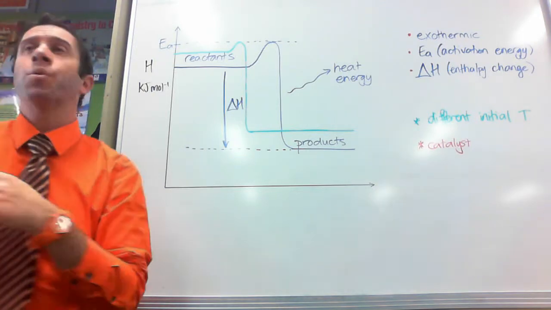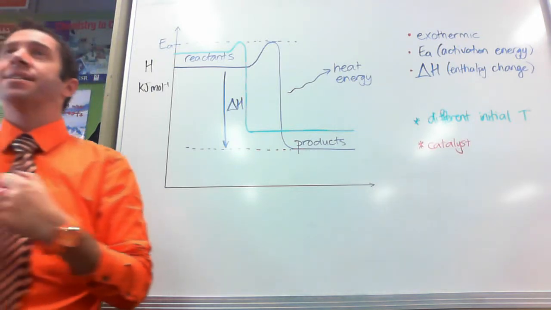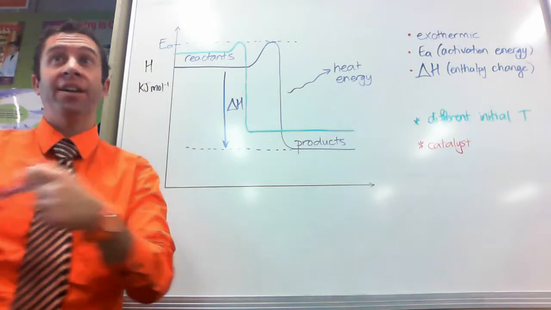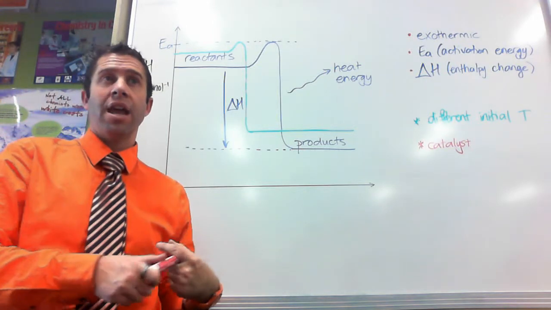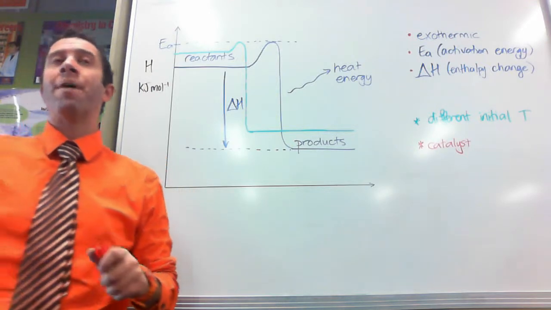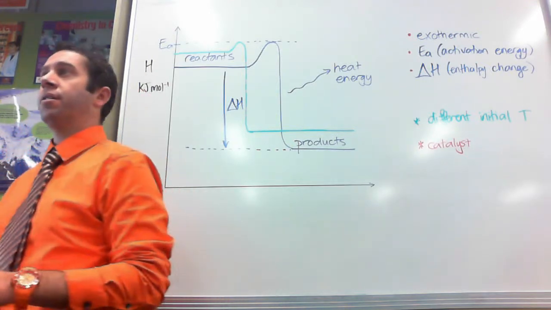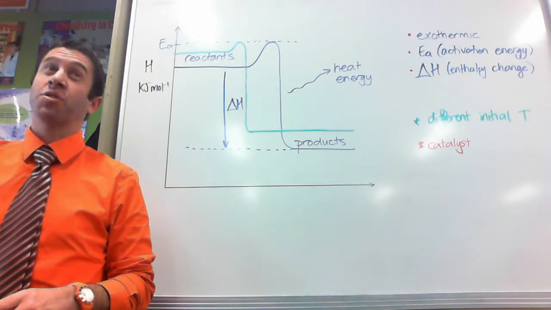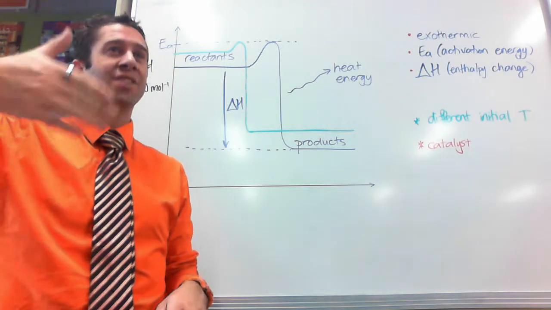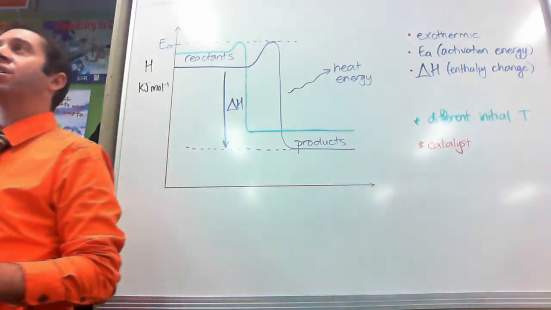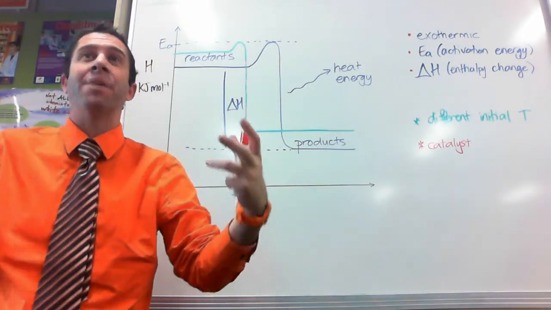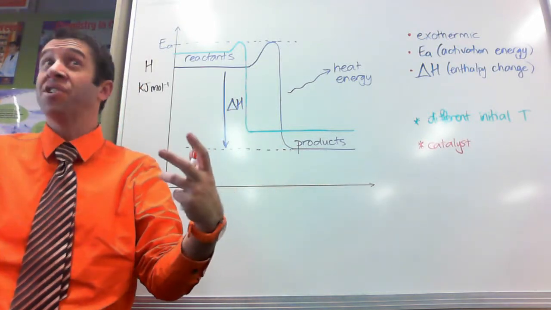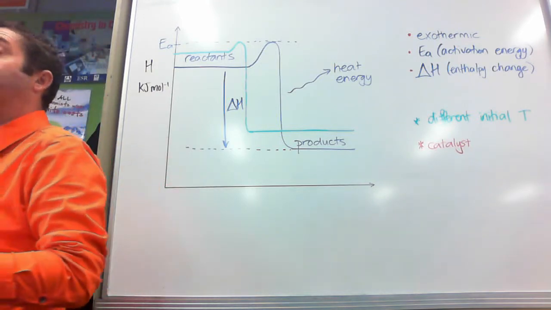So what it means is that more particles are going to have enough energy to react much, much quicker. And because more particles have got the activation energy, the whole substance, the beaker of water or whatever, doesn't need as much activation energy for this reaction to occur.